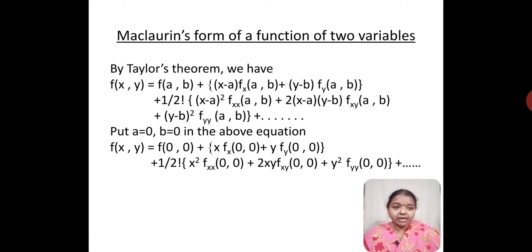So our final answer becomes f(x,y) = f(0,0) + x fx(0,0) + y fy(0,0) + 1/2! [x² fxx(0,0) + 2xy fxy(0,0) + y² fyy(0,0)] and so on. This is our Maclaurin series or Maclaurin's form of a function of two variables.